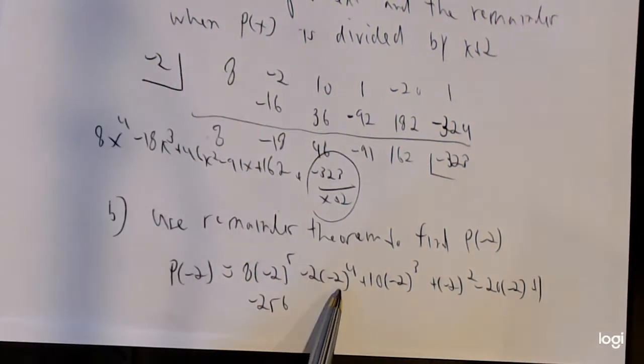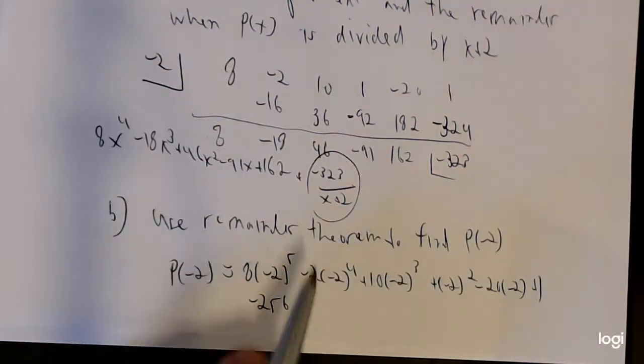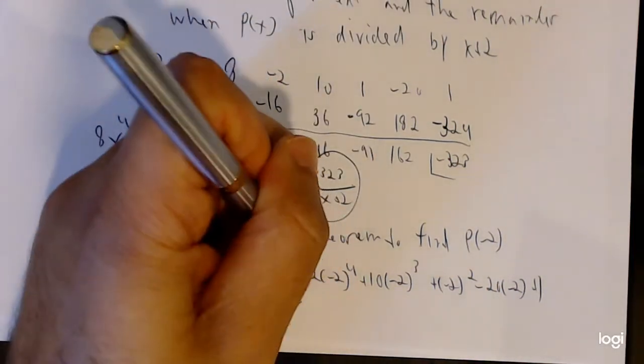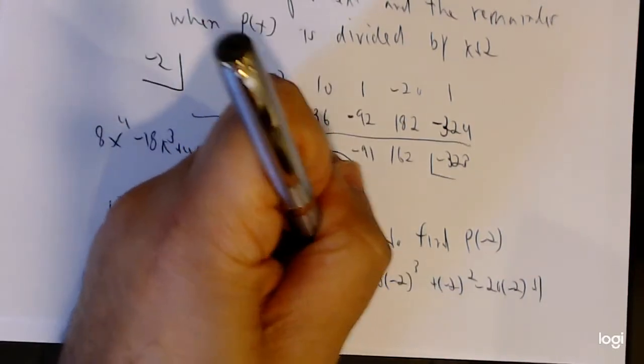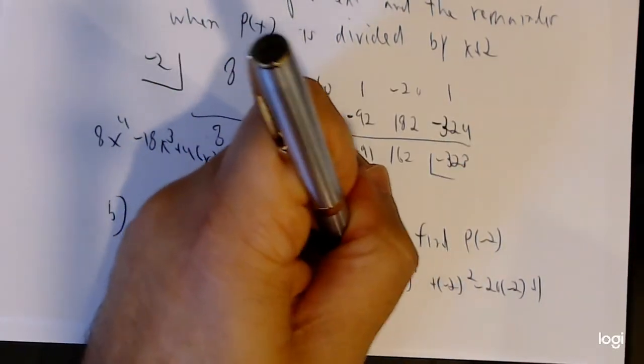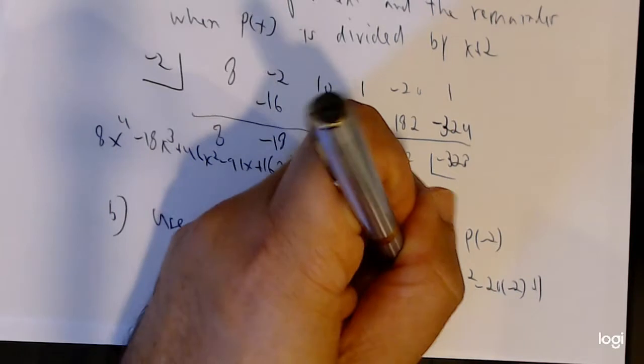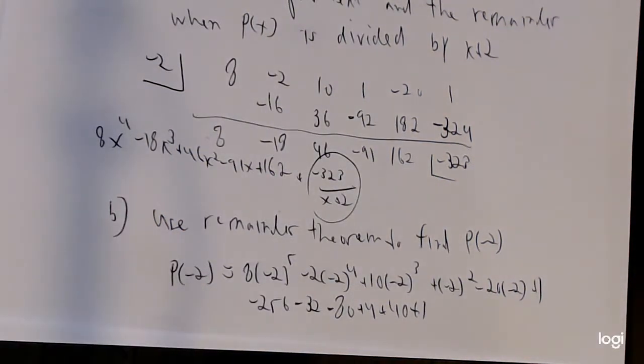This becomes 16 times -2 is -32. That becomes -80. That becomes 4. That becomes 40. That becomes 1. So what do we get here?